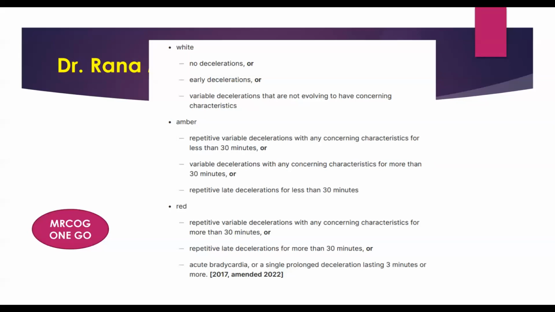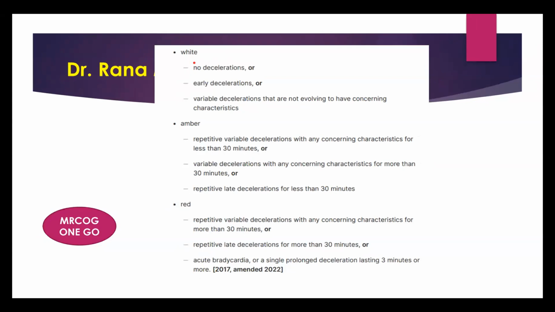Okay, so coming to the classification. Now we all know the difference between the classification and the categorization. Classification: white, amber, and red, and this will be for the feature.